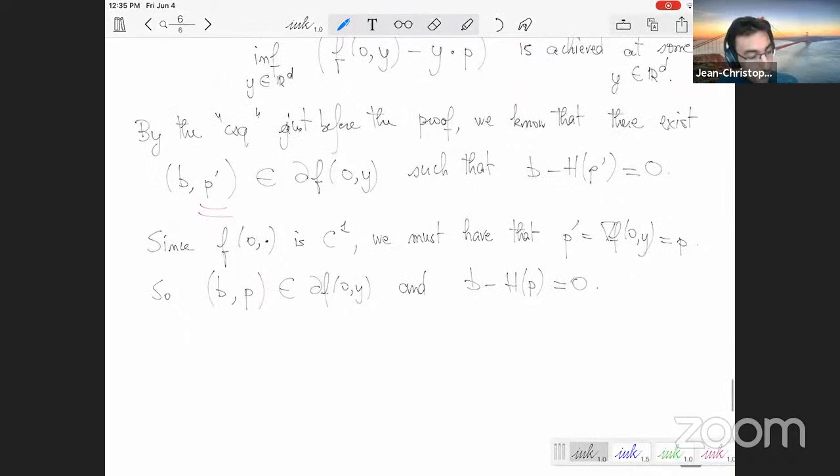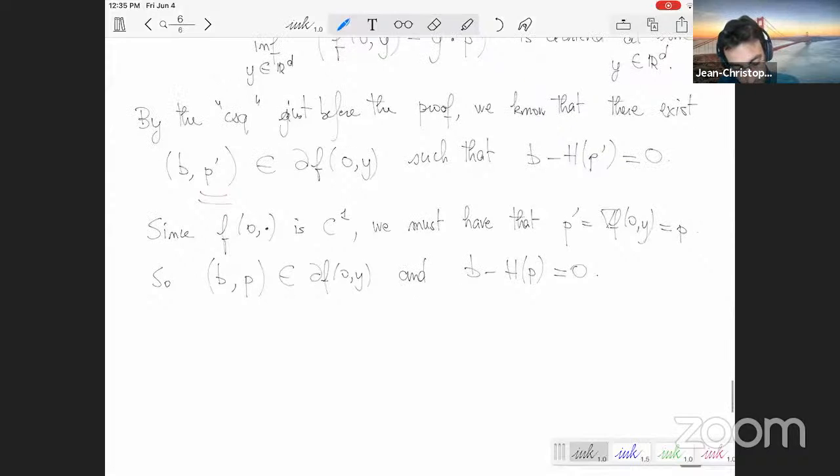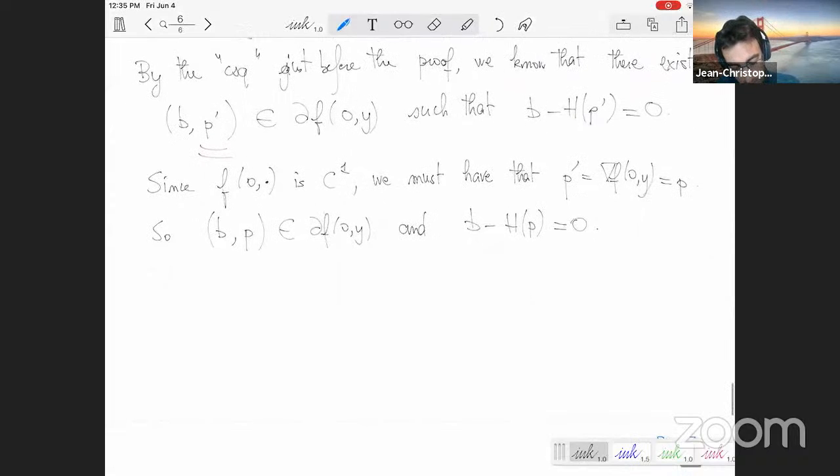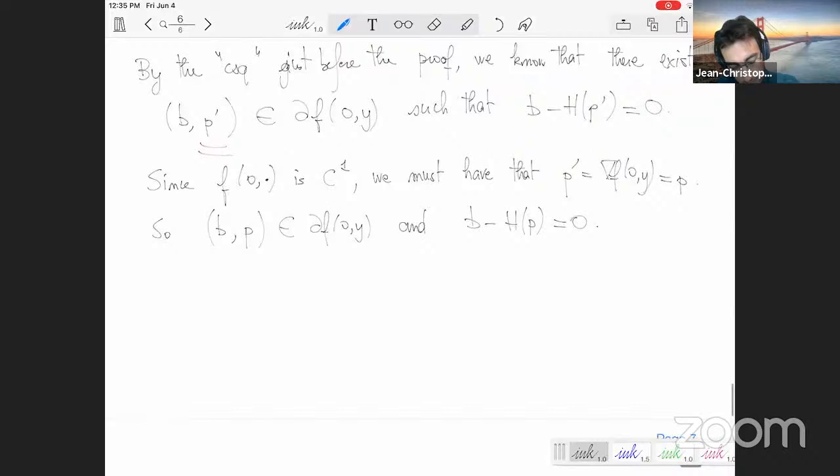And now, the whole point is to look at the mapping, which makes us travel from (0, y) to this point we were originally interested in, (T, x). So here is the mapping.